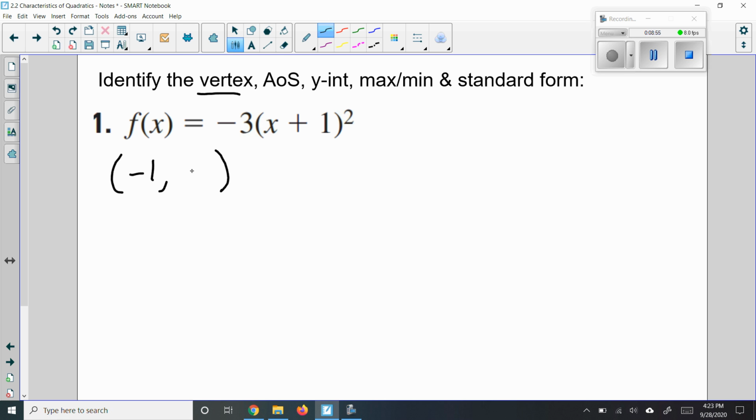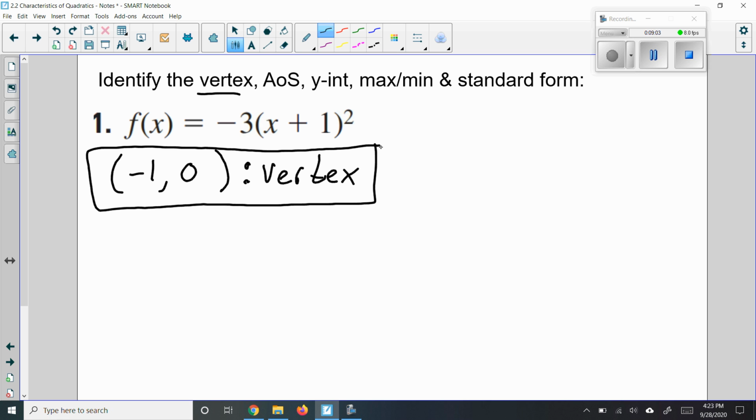So the vertex is negative 1, 0. Okay, well, the axis of symmetry is a vertical line that goes through the vertex. So the axis of symmetry is the line x equals, and it goes through the x coordinate.